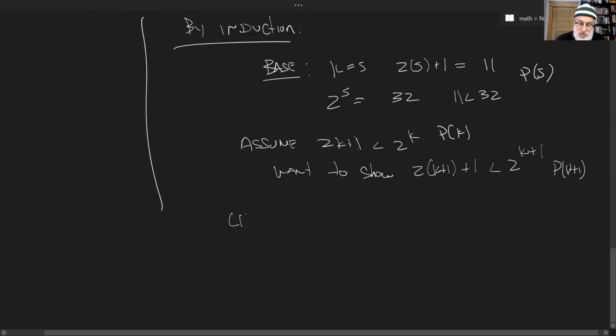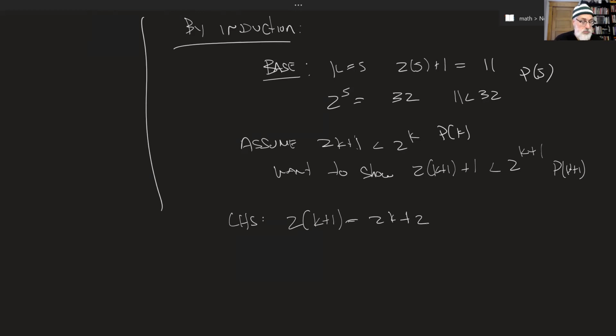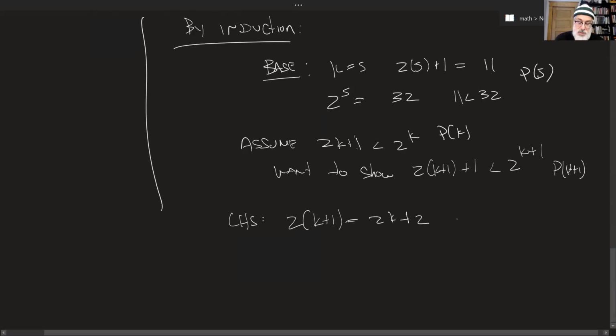So the left-hand side, we have 2 times k plus 1, which is equal to 2k plus 2. Now, by induction hypothesis, we're saying that 2k plus 1 is less than 2^k.